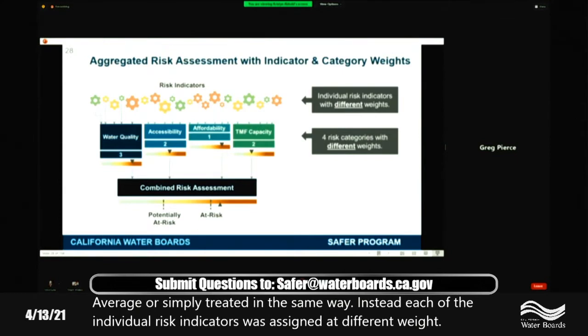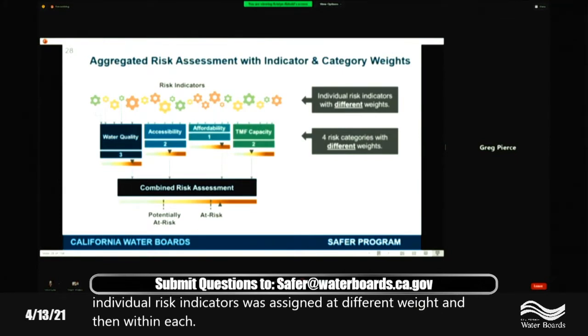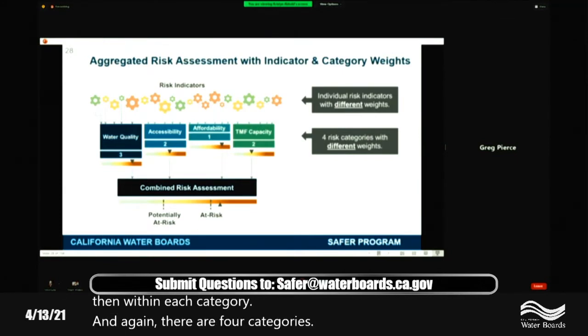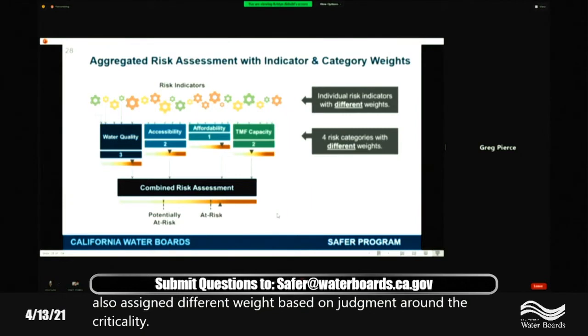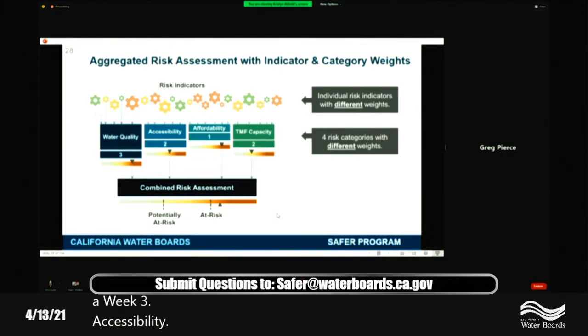And then within each category, and again, there are 4 categories, each of the categories was also assigned a different weight based on judgment around the criticality of the categories, with water quality receiving a weight of 3, accessibility and TMF capacity a weight of 2, and affordability a weight of 1.